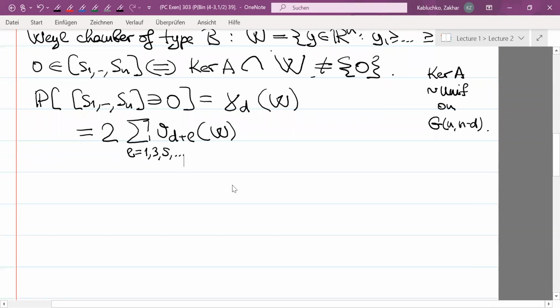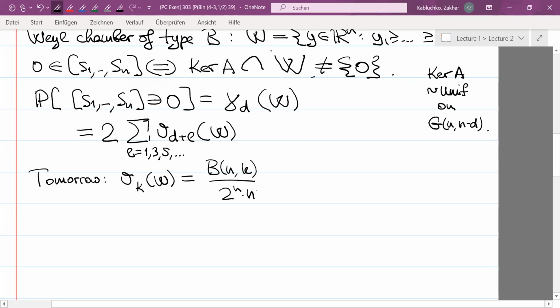And now, tomorrow or later, we shall compute the conic intrinsic volumes of the Weyl chamber, and they turn out to be some combinatorial numbers B(n,k) divided by 2 to the power n times n factorial, where B(n,k) are the coefficients in the polynomial given as follows, k from 0 to n.